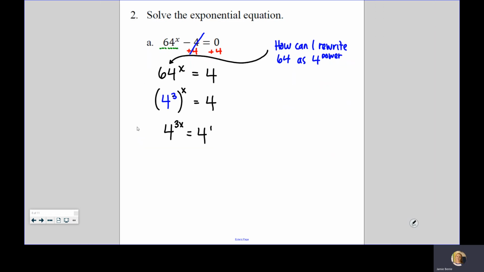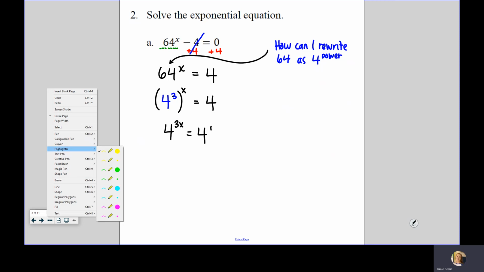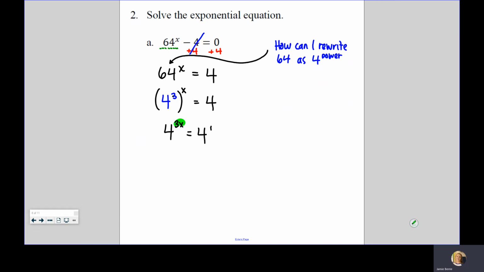Now I can go ahead and set my exponents equal, now that I have the same base. So 3x equals 1. This is a really simple equation. Sometimes they're more complicated. Divide both sides by 3. So there's your answer. And like I said, you don't have to check this.